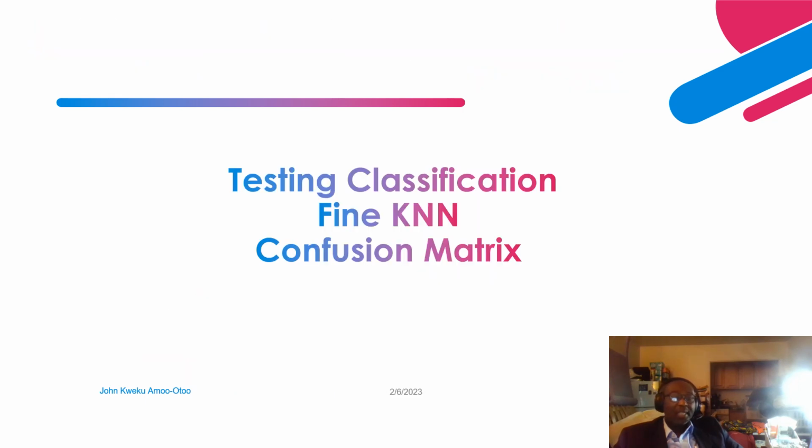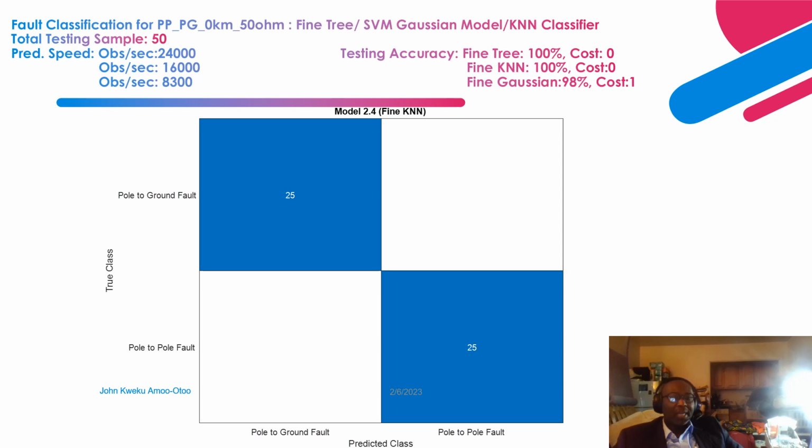Next is the testing classification for the fine KNN algorithm. We'll take a look at the confusion matrix for the fine KNN. We have a total data of 50.